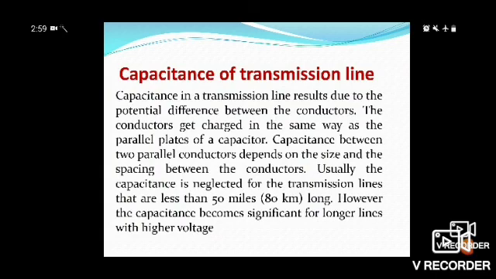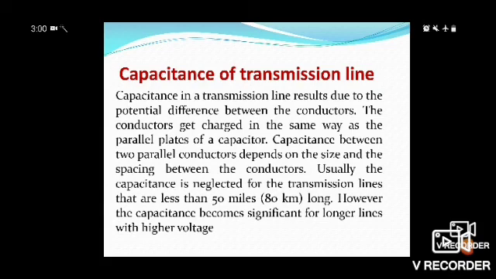The capacitance of a transmission line results from the potential difference between the conductors, and the conductors get charged in the same way as the parallel plates of a capacitor. The capacitance between two parallel conductors depends upon the size and the spacing between the conductors.